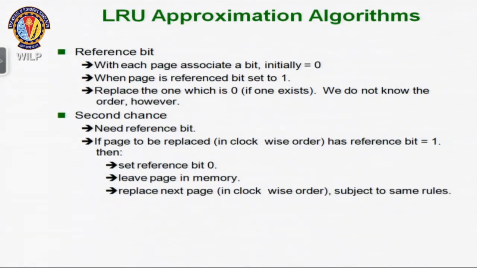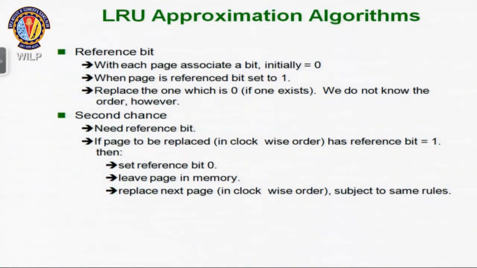In this case, the reference bit was 1 and the clock pointer was pointing to this frame as a candidate for replacement. What is done here is that we change the reference bit to 0 and advance the clock pointer to the next frame.